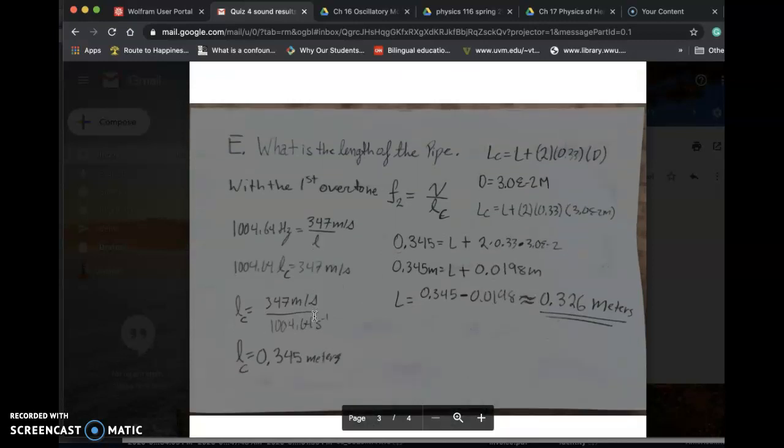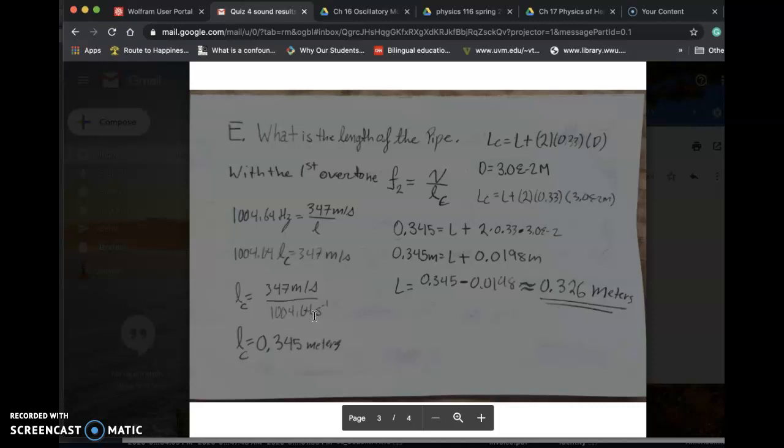And finally, second to finally, we have to figure out the length of the pipe. Now before, we saw that the corrected length is the length plus 2 times 0.33 times the diameter. And we also take into account that the frequency is the velocity divided by the corrected length.